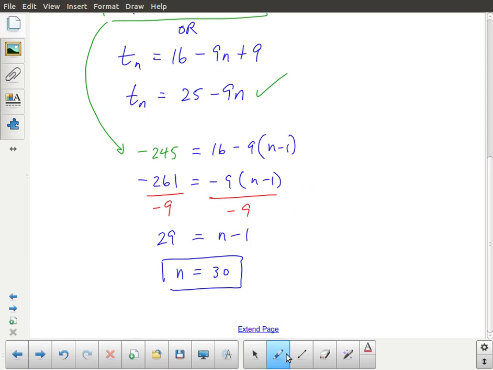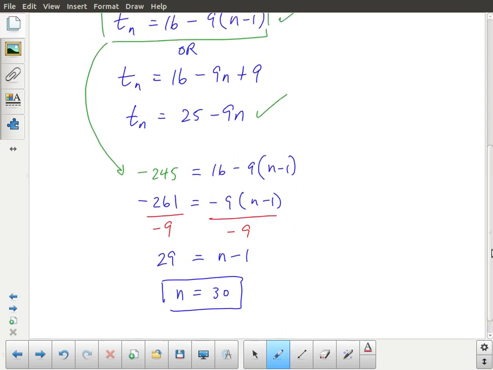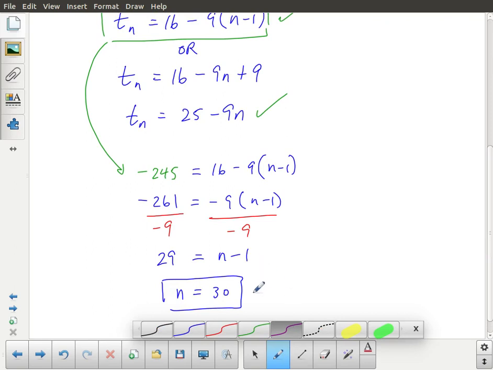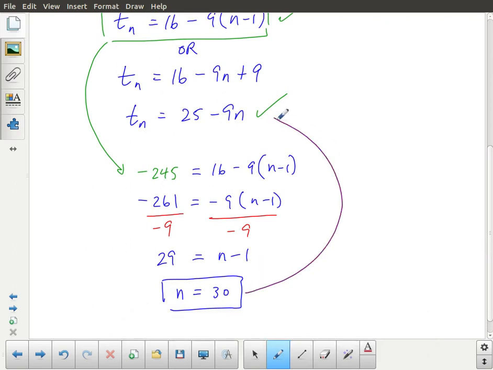I could check my answer by taking n equal 30 and putting that into either of those two formulas, and I should end up with this same value, negative 245. So if I do that, let's do this on the closer one.